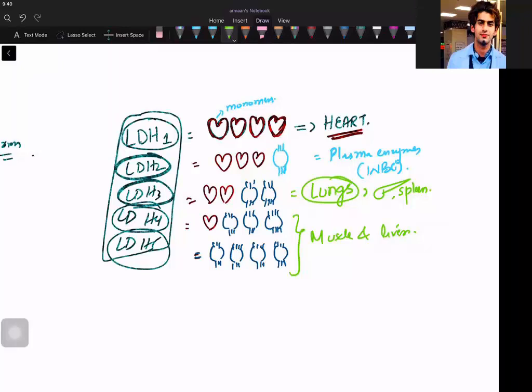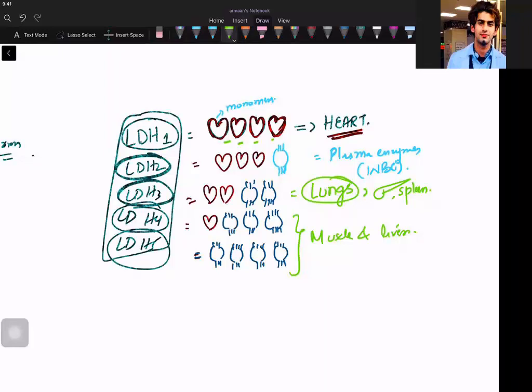In the beginning, I told you these are enzymes, physically distinct forms of enzymes which are catalyzing the same biochemical reaction. So there is a difference in their subunits. That's why I draw these subunits. But the enzyme is the same.